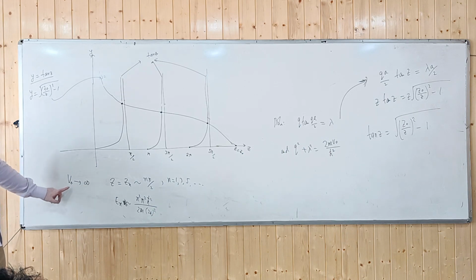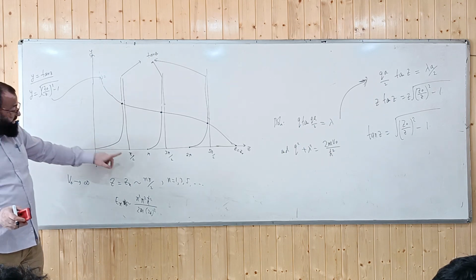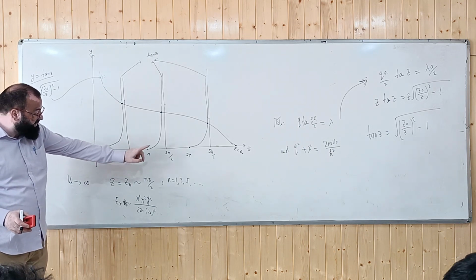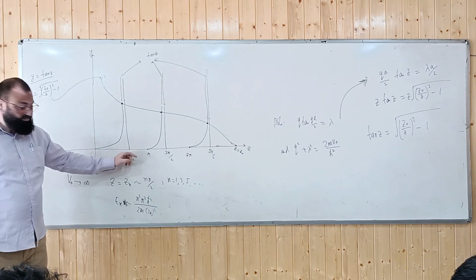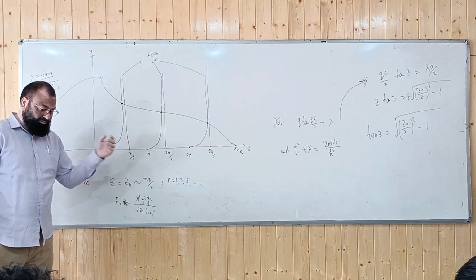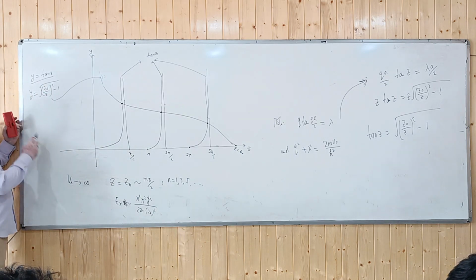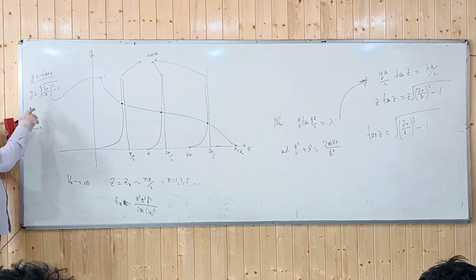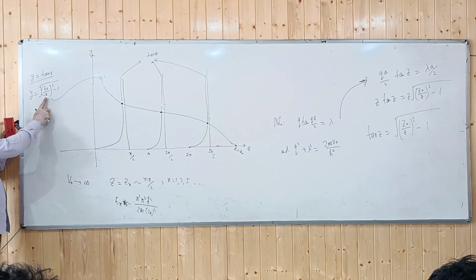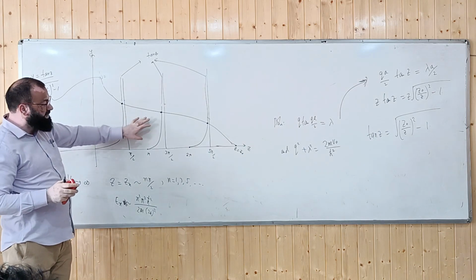Clear? Now if this v naught tends to 0, that means the potential becomes shallow. So z intersects this only for a finite number of values of z. Let's assume there are only these three.